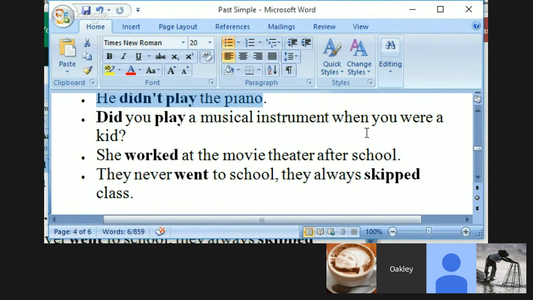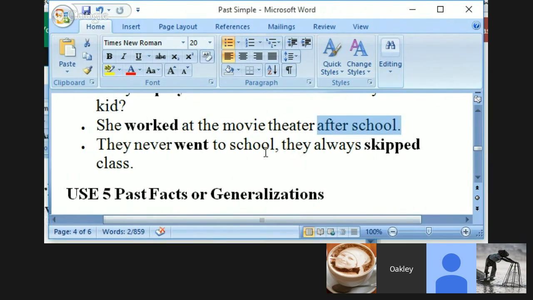Okay, did you play a musical instrument when you were a kid? Oh, that makes it obvious. Okay, she worked at the movie theater after school. Okay, I can figure out that this is something she probably did regularly. All right, they never went to school. Well, never and always. They always skipped class. Okay, I can tell.